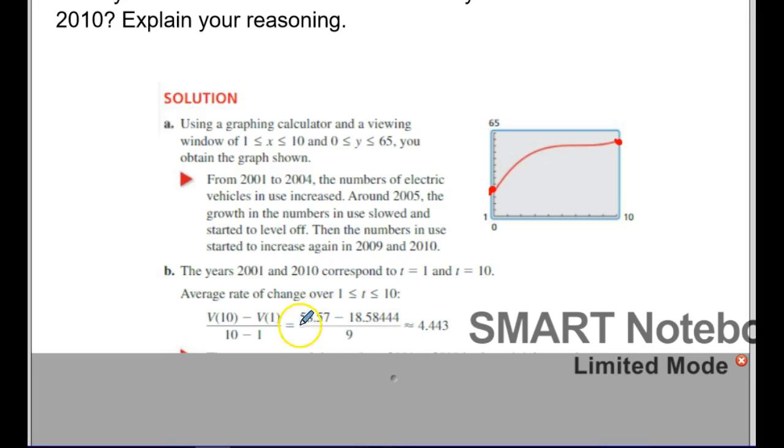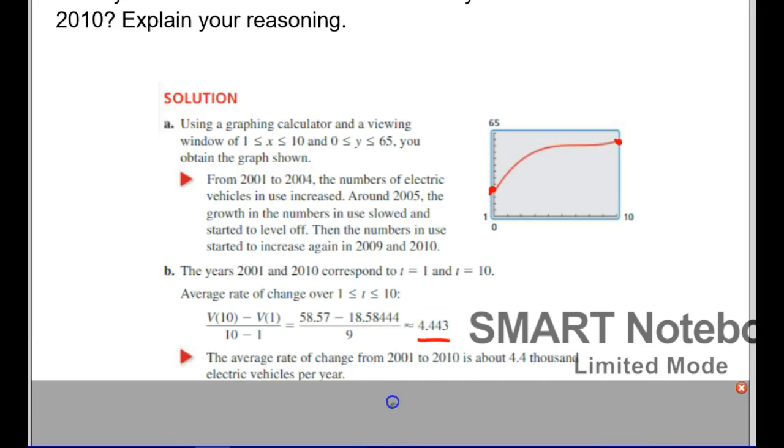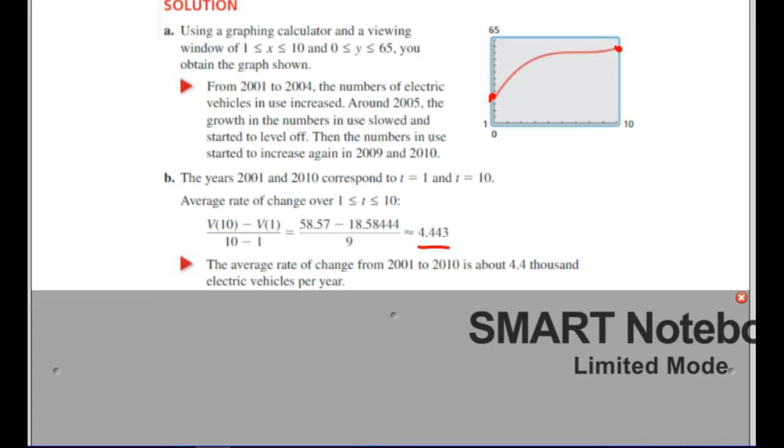So I take my change in Y over my change in X, which gives me an average rate of change. It tells me, in the context of this problem, that there was an increase of approximately 4.4 thousand electric vehicles per year. That's what the average rate tells me.